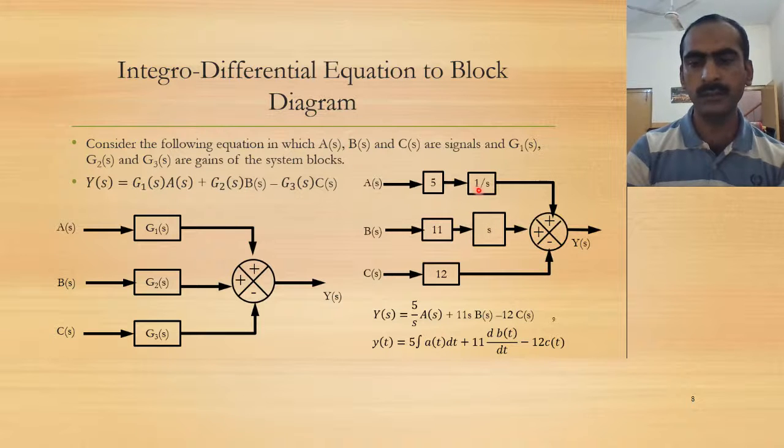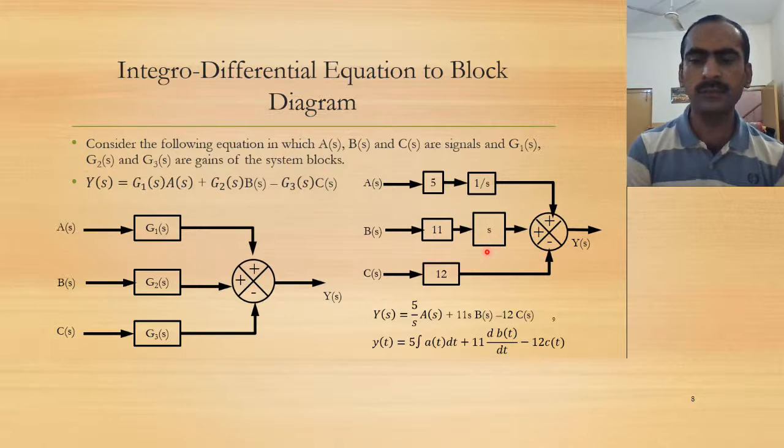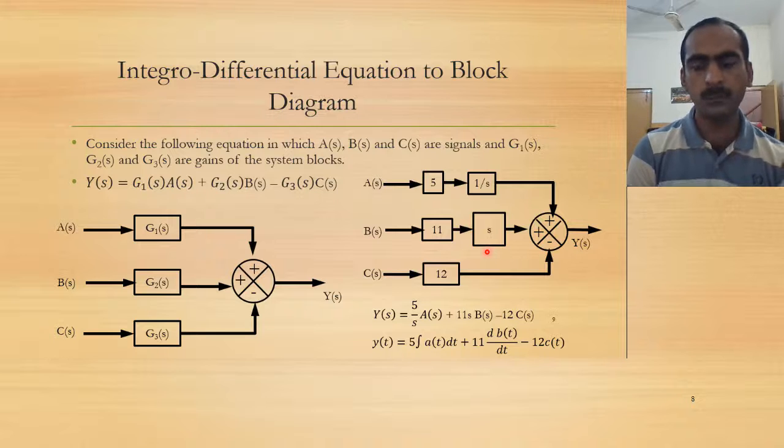Let's say 5 by s can be divided into these two series blocks, 5 and 1 by s. 11s can be subdivided into 11 and s, and 12 is the only one. And this is the representation where we are representing the block diagram in the s domain, or we're given the gain G(s). And it's also possible to describe the function of this block by the mathematical symbol.